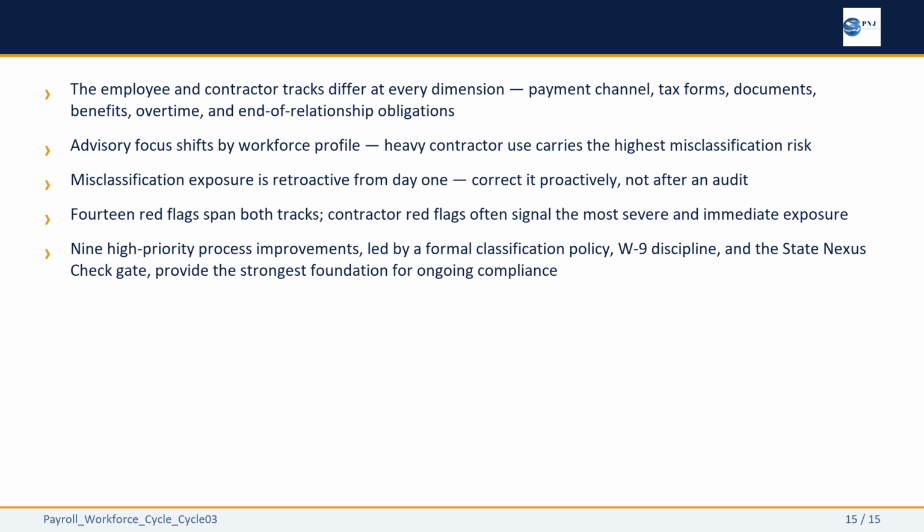The 14 red flags that span both tracks, especially the contractor red flags, often signal the most severe and immediate exposure. And 9 high-priority process improvements, led by a formal classification policy, W-9 discipline, and the state nexus check gate, form the strongest foundation for ongoing compliance.